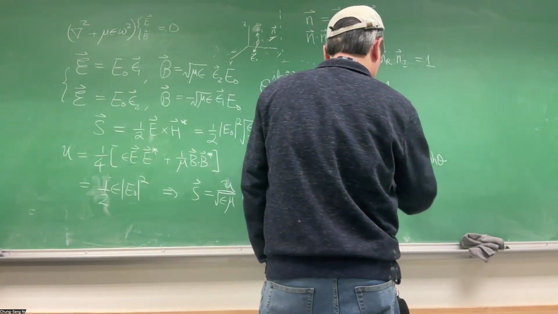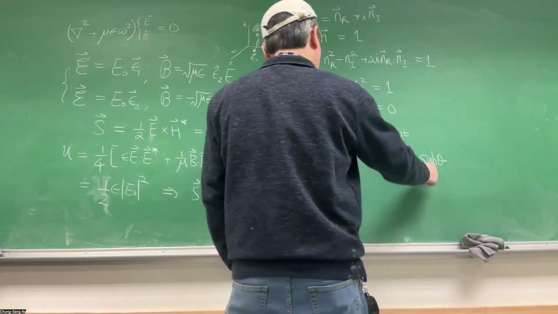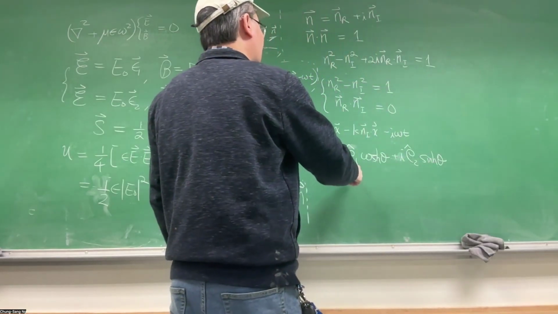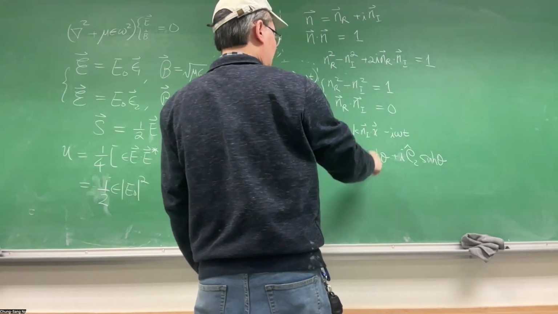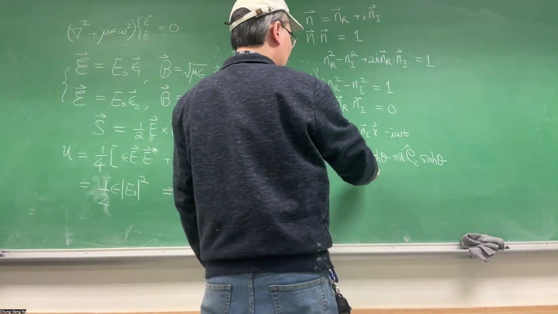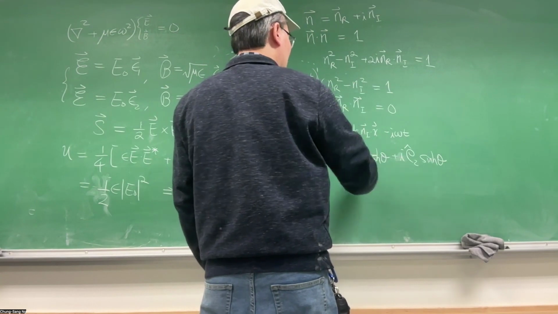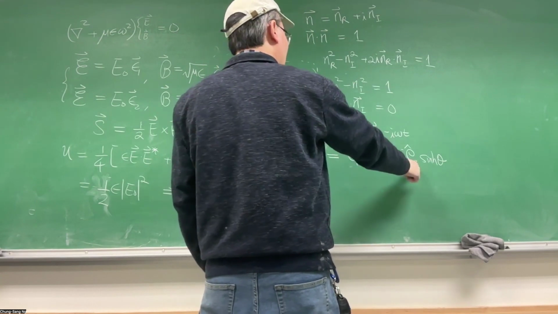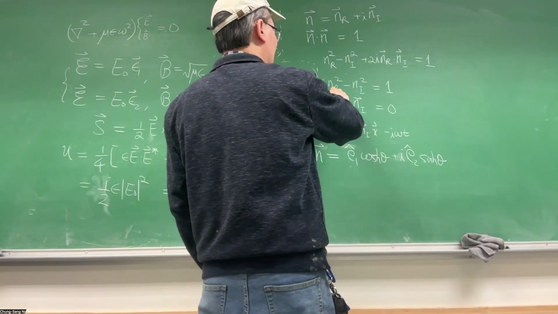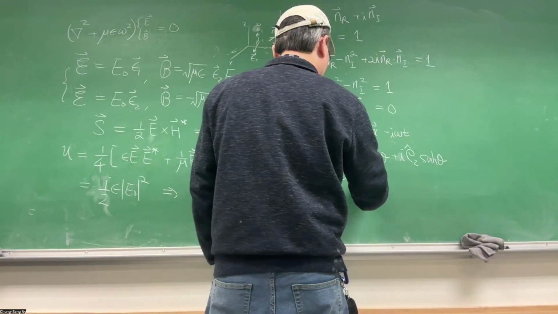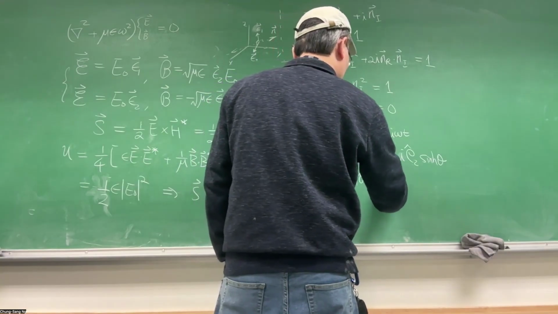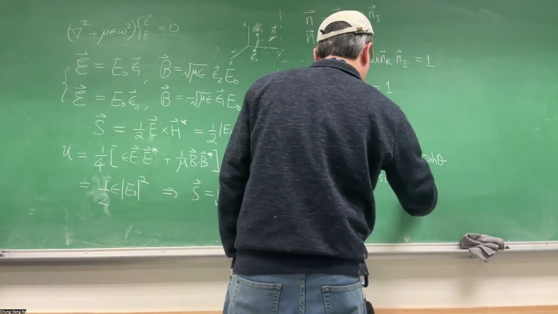Now this is i, this is the imaginary part. This is the real part. Then the real part ends up with this one. The magnitude is cosine theta because these are real unit vectors. So the end result magnitude is here. So obviously cos squared theta minus sin squared theta.